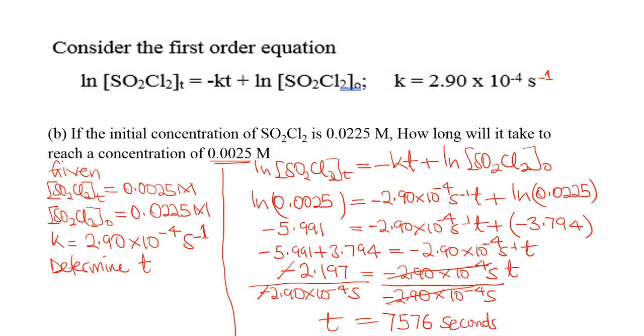That is the time it takes the concentration to reach 0.0025 molar. So that's how we solve this problem. When you are given the initial concentration and the concentration at time t, what you want is to make t the subject of the formula. So this is how we solve these first order reaction equations and problems.